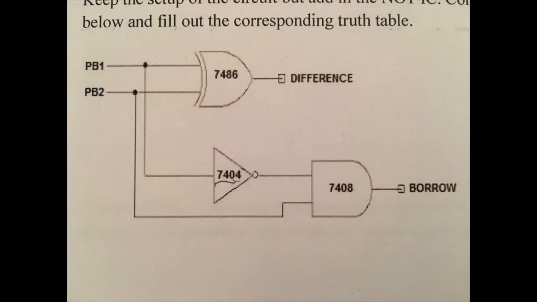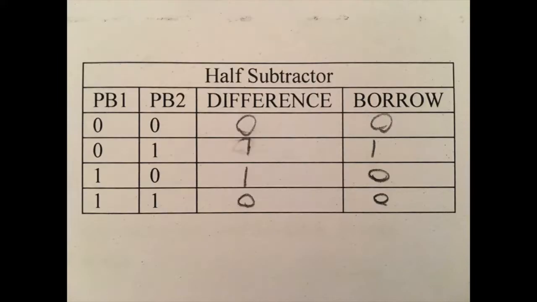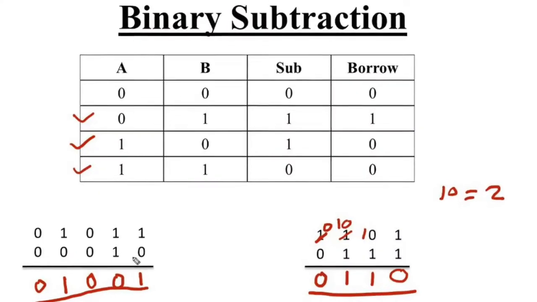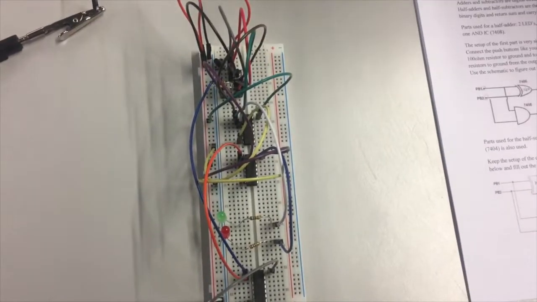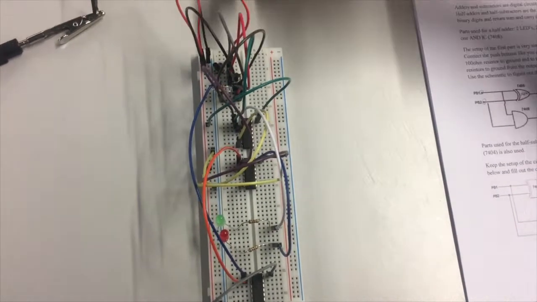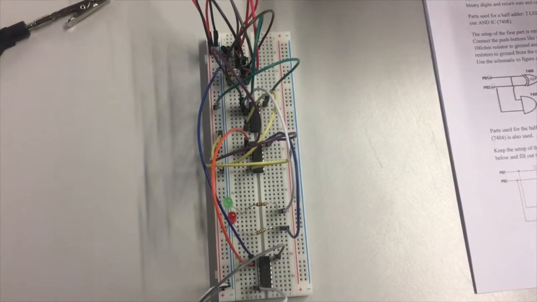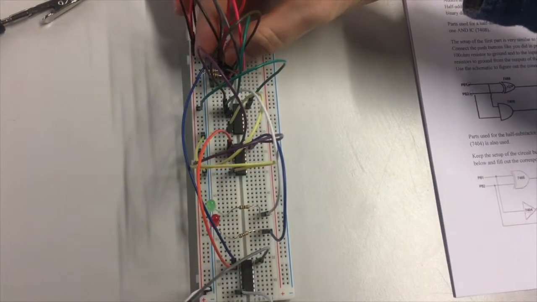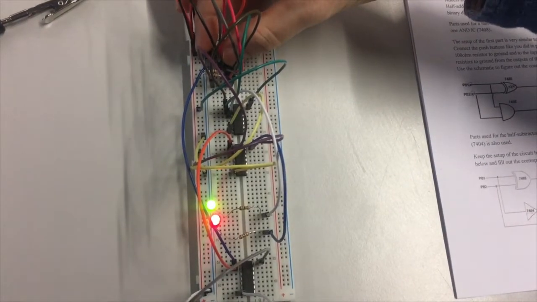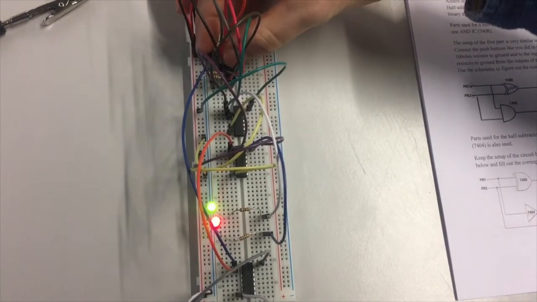Next up is the half subtractor. The truth table gave us a clear picture of how it works, and the result fits the rules of subtraction of binary numbers. When push button 1 and push button 2 are both 0, the difference and borrow are both 0. When push button 1 is 0 and push button 2 is 1, we have a difference of 1 and borrow of 1.